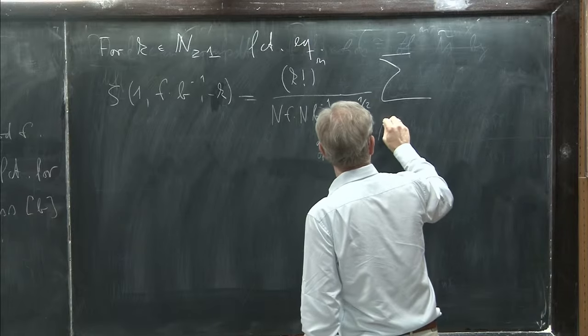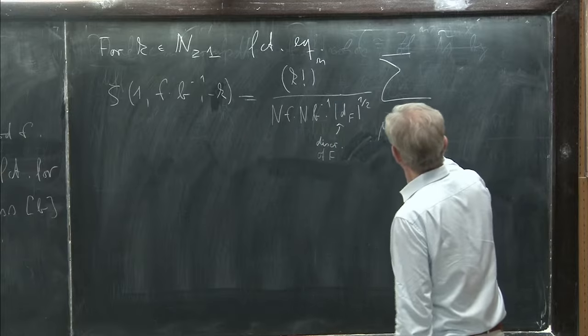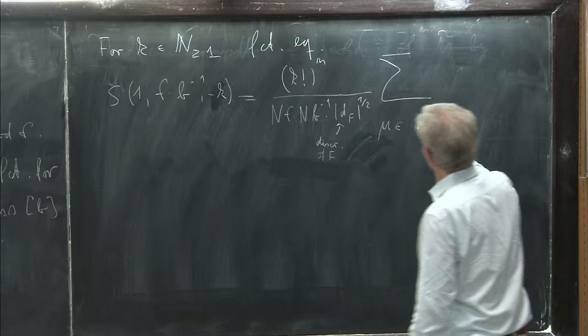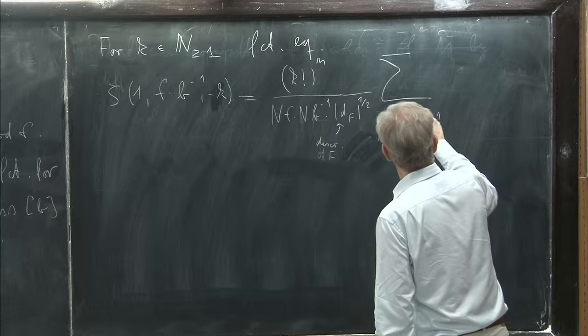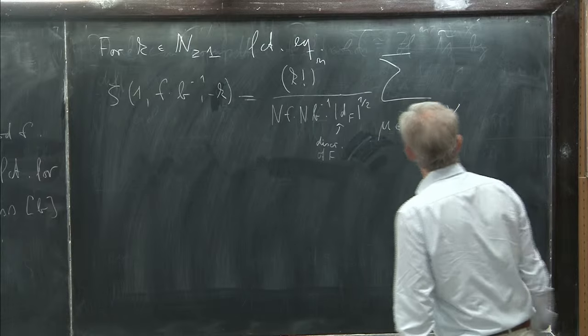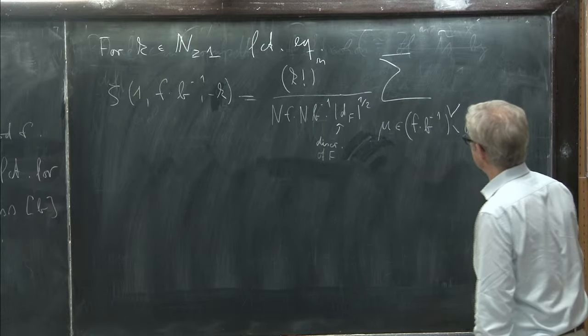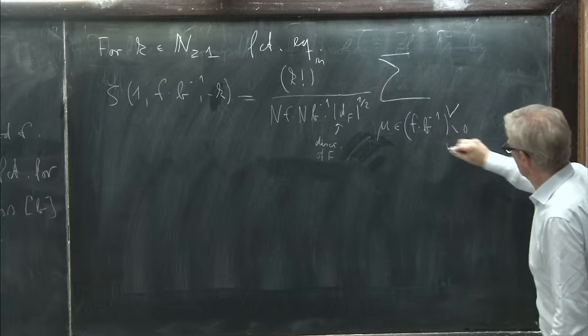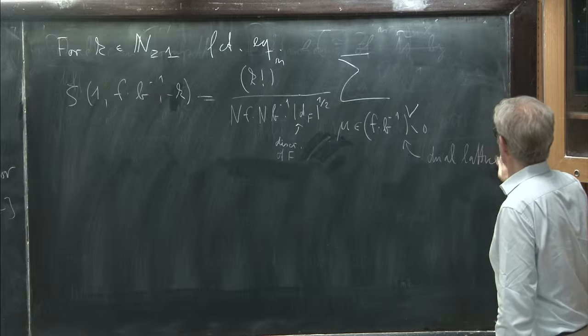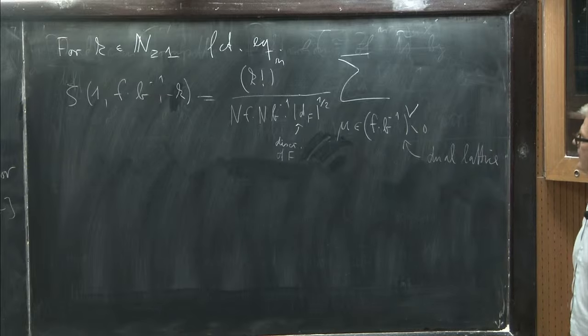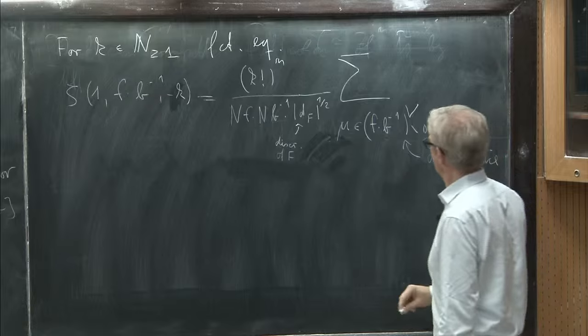So now this is over all linear forms on the lattice we are talking about here, f b inverse, without 0. This is the dual lattice. Linear forms on Z to the n on this group.